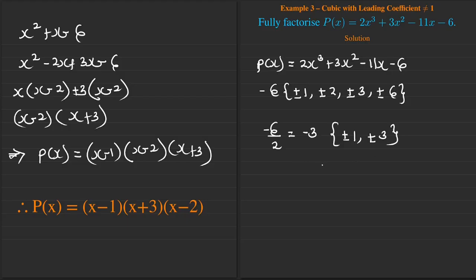So what happens is, if you use this particular method, you reduce the number of trials you would have to make. Because if I use 6, and it appears plus or minus 1 is not a factor, and neither is 2 or minus 2, and then it is plus or minus 3, then I would have wasted time doing all these. You see?